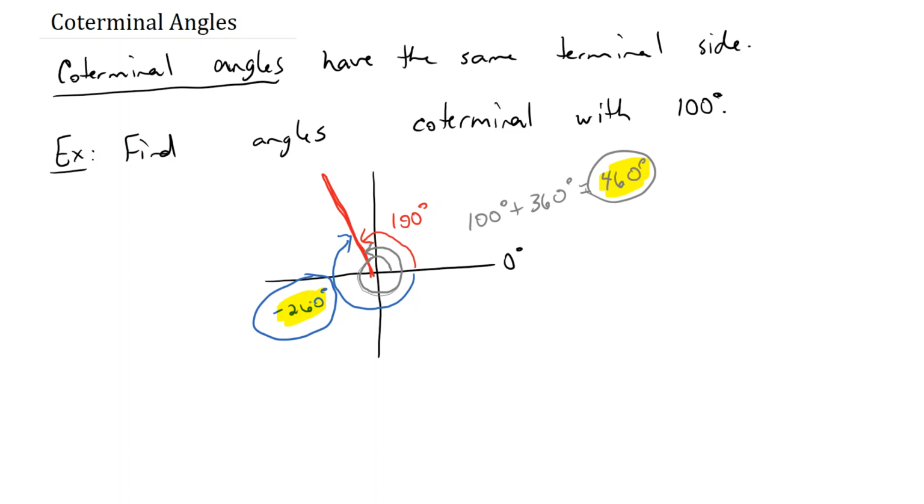For example, if I wanted to work with more negatives, I could rotate another 360 in the negative, so I could subtract 360 from this guy and get negative 620 degrees, okay? So there are lots of angles by simply adding or subtracting 360 degrees that will give me a coterminal angle, or give me the same terminal side as 100.